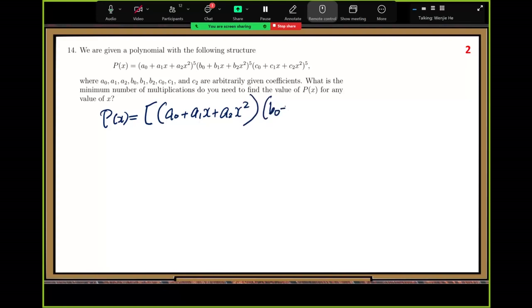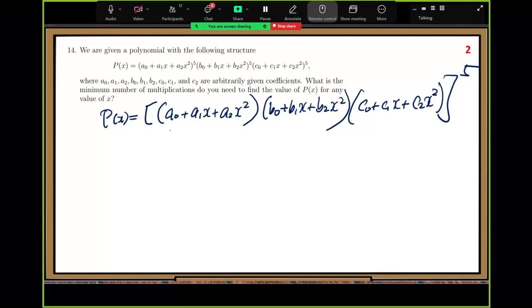I copy the whole thing, but I take the 5th power out of the big pair of brackets. Inside the brackets, using the result from the previous question, it's 8 multiplications. So we do not need to redo it.